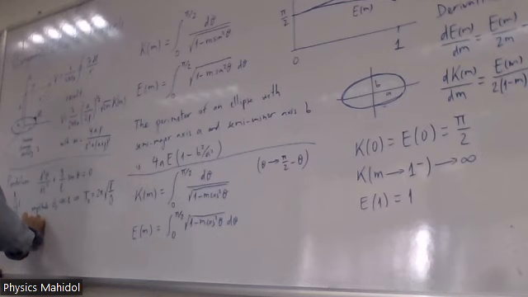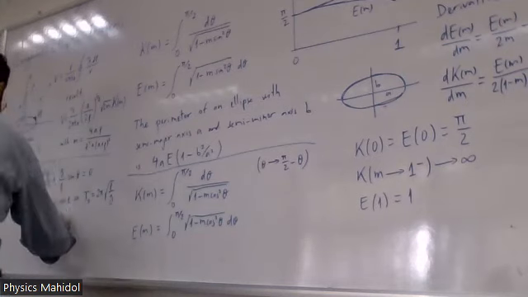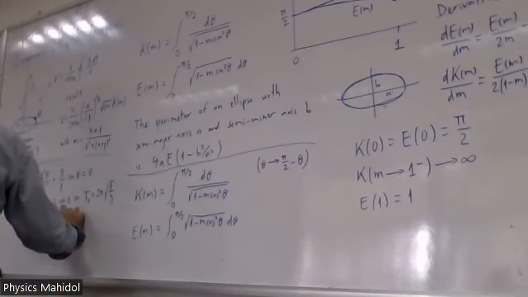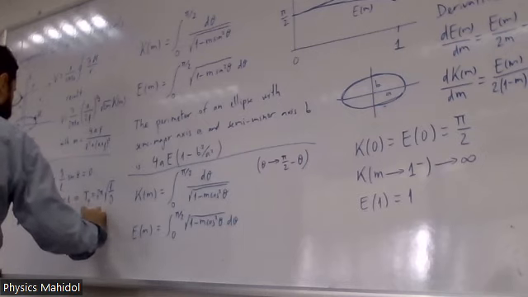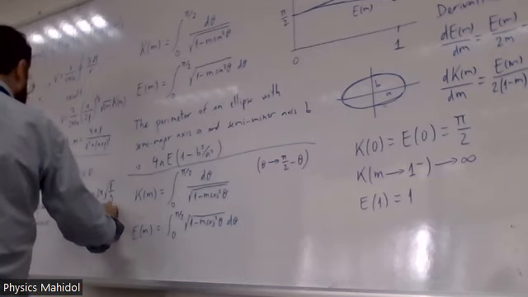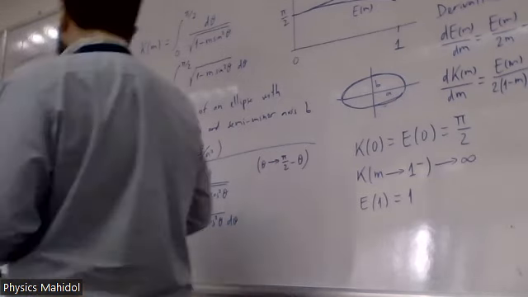But otherwise, if the amplitude is not very small, then the period depends on the amplitude. And the period depends on the amplitude like this: 4 square root of L over g, the function K evaluated at the sine of amplitude divided by 2.